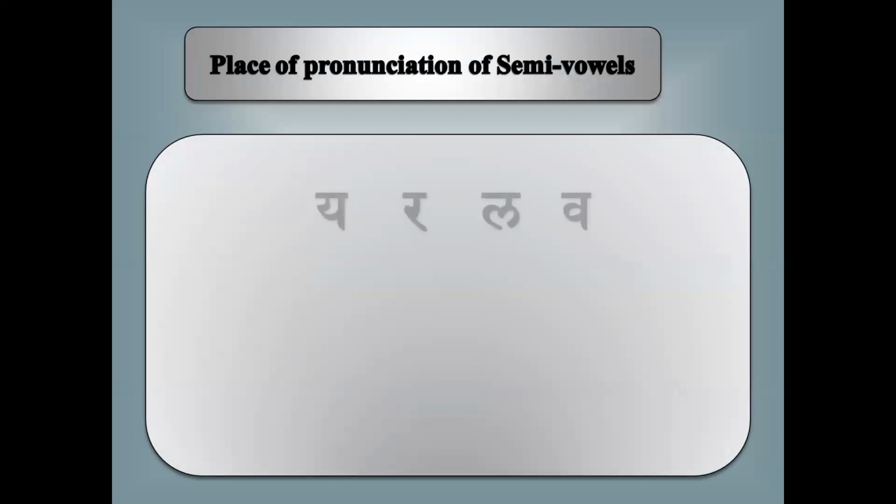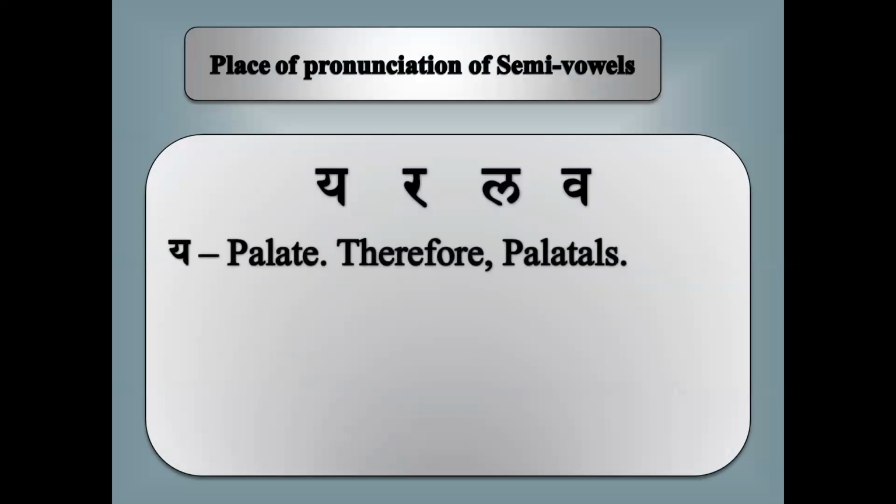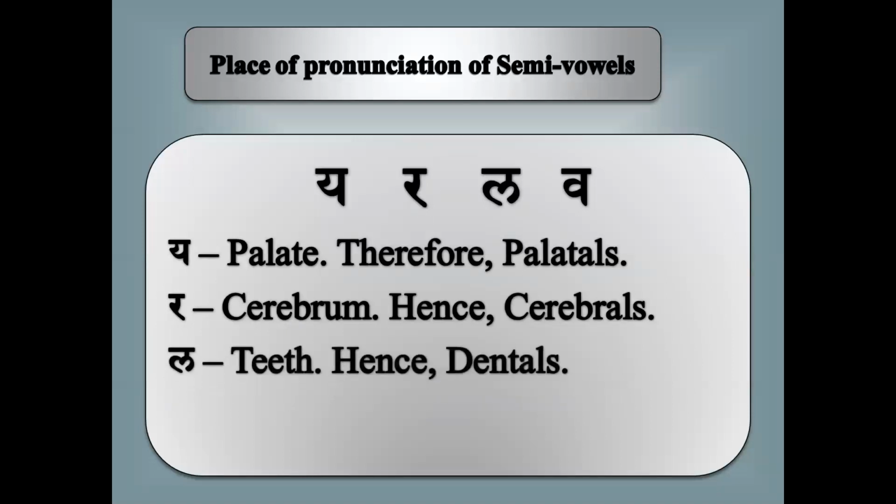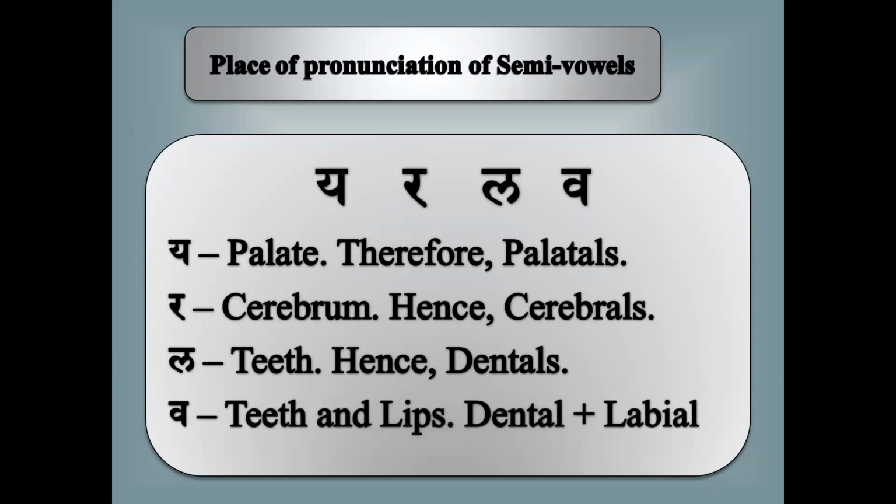And Ya is pronounced from the palate, therefore it is palatal. And Ra from the roof of the mouth, cerebrum, therefore it is called cerebral. And La from the teeth, the tongue touches the base of the upper teeth, therefore dental. The last one is Va.